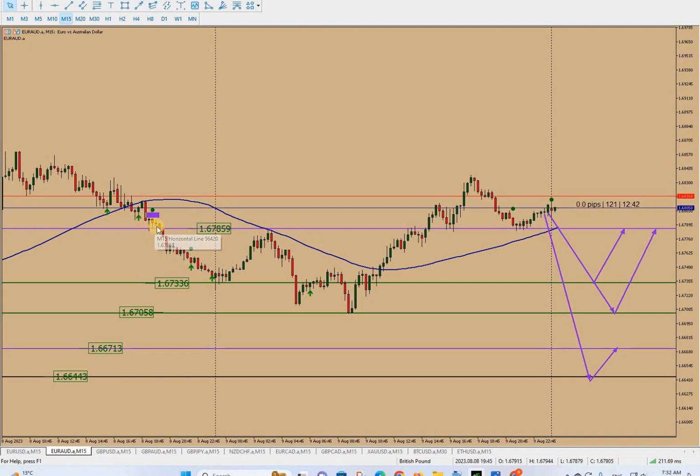The price has to go above this horizontal line, and when price comes in and passes through it, into this buying zone, and we get the arrow like this, in this area we can buy to this level.